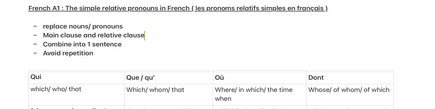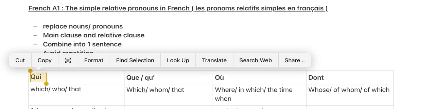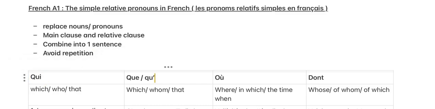So the simple relative pronouns join the relative clause with the main clause, ultimately combining them into one single sentence in order to avoid the repetition of the noun or of the pronoun. In French, the simple relative pronouns are qui, que, où, and dont.